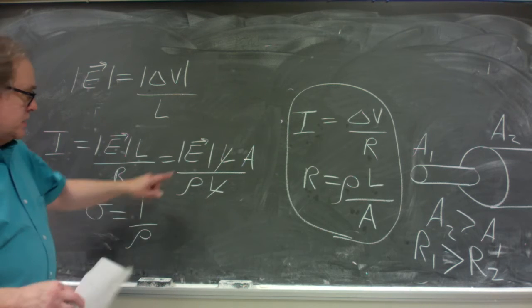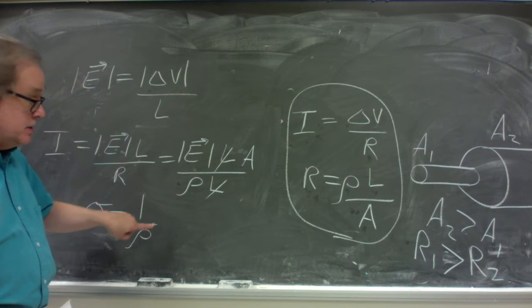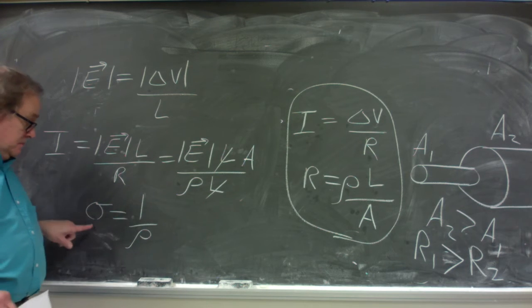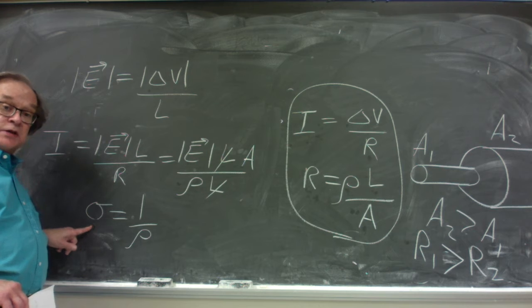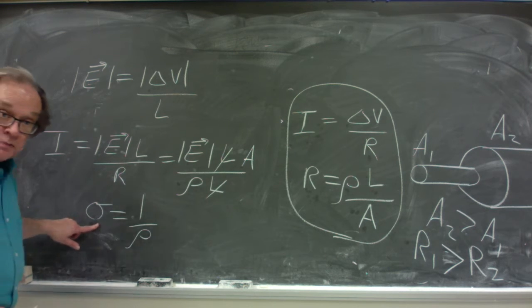And here's field times area times 1 over resistivity. So instead of writing 1 over resistivity, we can write conductivity. Here's the lowercase Greek letter sigma.